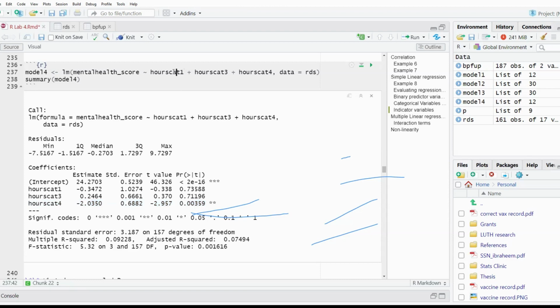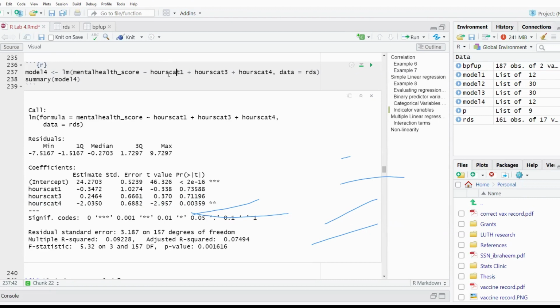This becomes even more important when you're modeling things like obesity, right? So if you're modeling obesity, you might have 4 categories where you have underweight, normal weight, overweight, and obese. Now, if you make underweight your reference category, the results you will get are different from if you made normal weight the reference category, right?